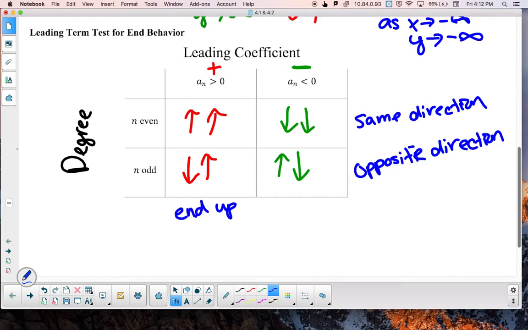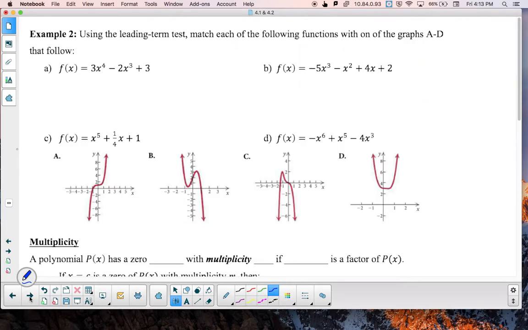And if we have a negative leading coefficient, that means it's going to end down. That's what I mean by looking at our rightmost end behavior: it ends up or ends down.